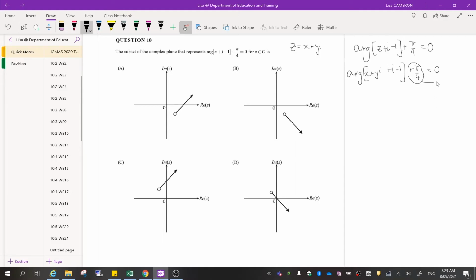I'm going to move this to the other side. And now in here, I'm going to group my like terms of the real and the imaginary components. So this makes up my real component. And this one makes up my imaginary component.